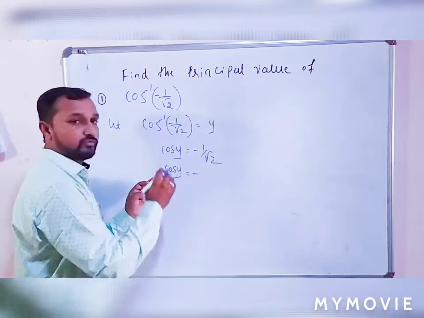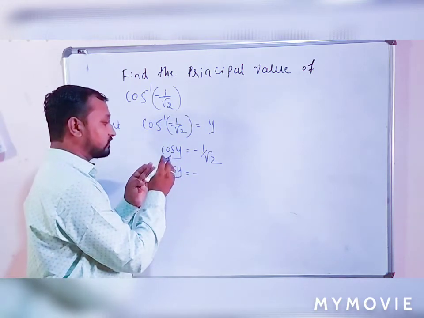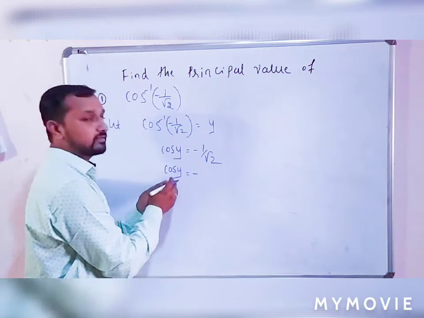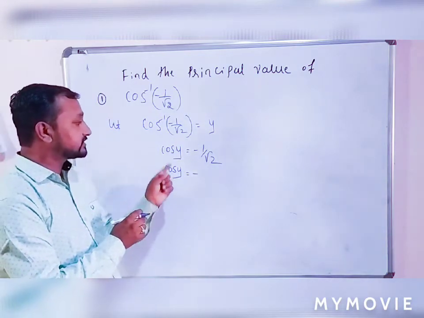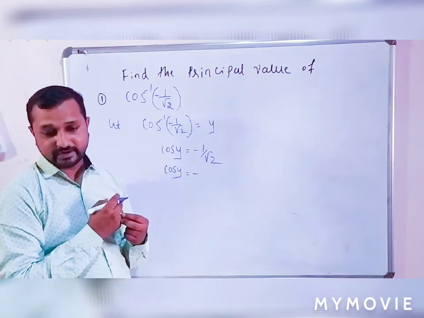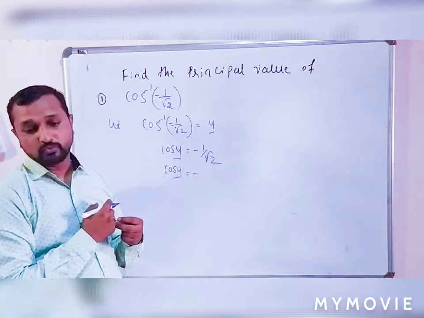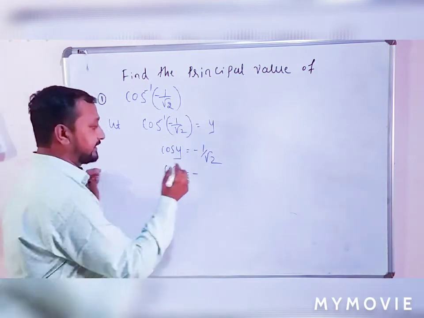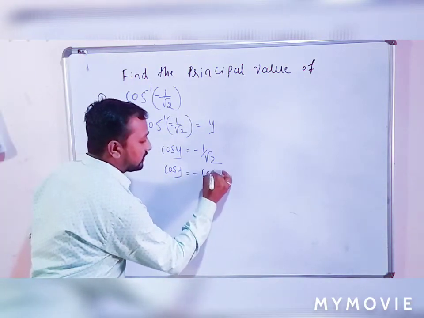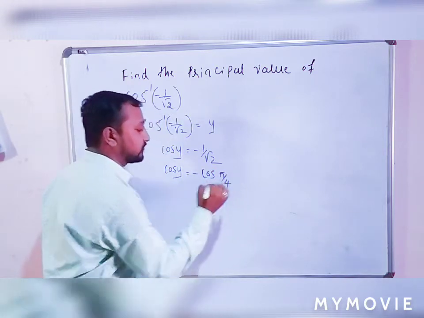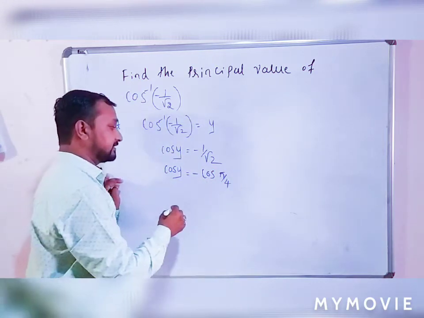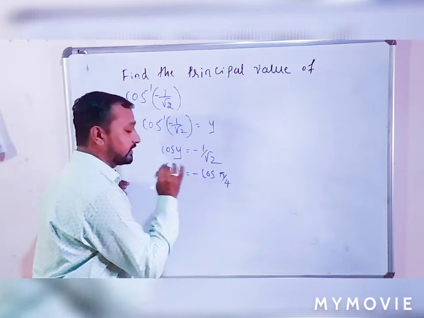In which angle is the value of cos y found? Students, see in which angle the value of cos is 1 divided by root 2. Here 1 by root 2 is nothing but cos pi divided by 4. So we find the value of y.